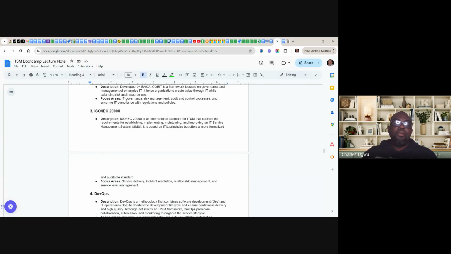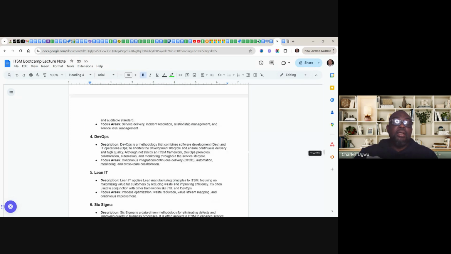The focus area is service delivery, incident resolution, relationship management, and service level management. So this is just a narrow aspect of ITIL, but ITIL is more robust than this. Then DevOps.